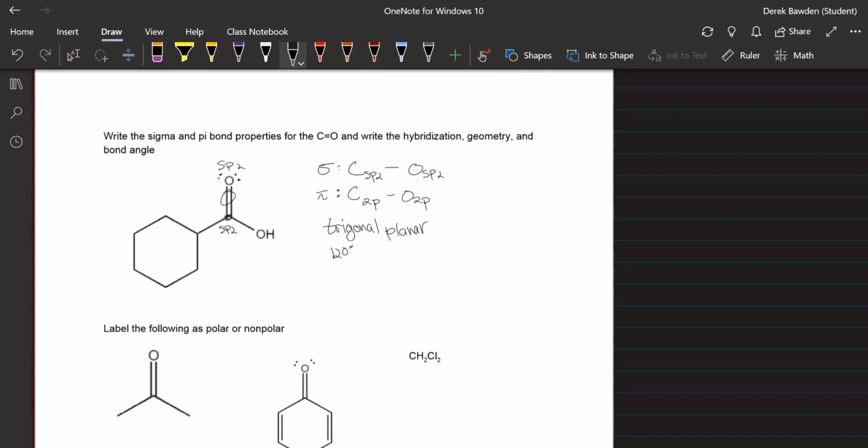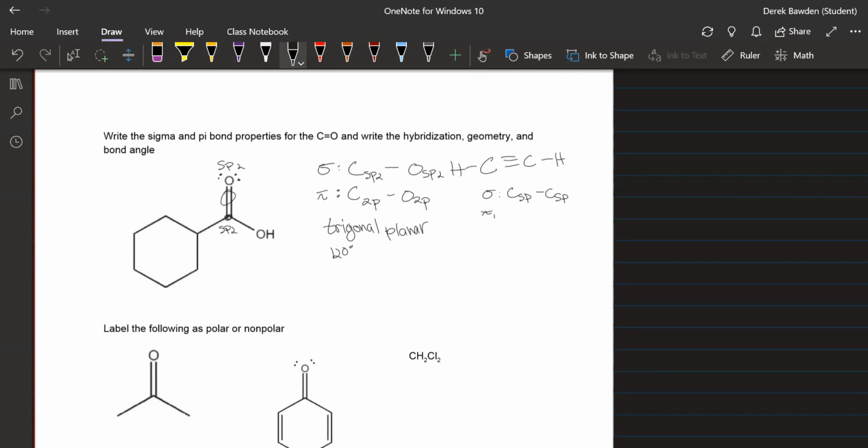I do have a question for the pi bond. If there was a triple bond, then there will be two pi bonds, right? Yep. How do you write the hybridization for that? Yeah, let's do it for this molecule. So our sigma bond would be carbon sp, carbon sp, because they both have 2 regions of electron density.